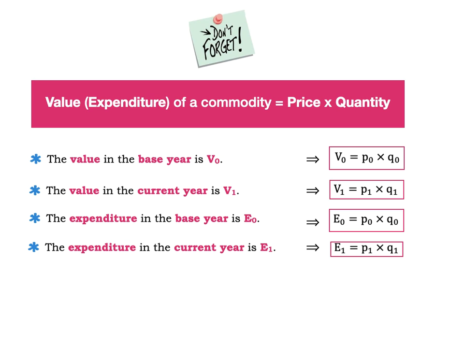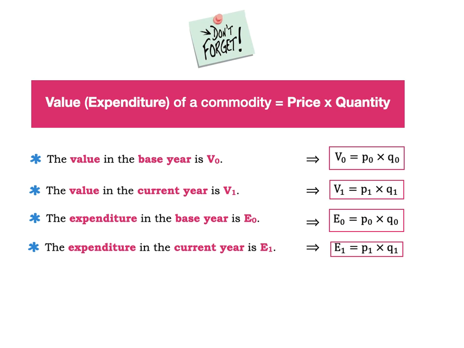So the value in the base year is denoted by V naught. And because value is nothing but price into quantity, it has the formula V naught is equal to p naught into q naught. Similarly, the value in the current year is denoted by V1 and it has the formula V1 is equal to p1 into q1.